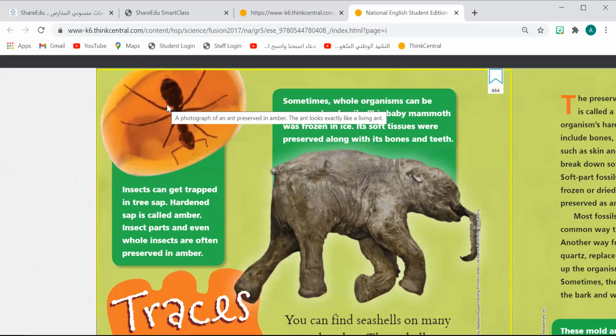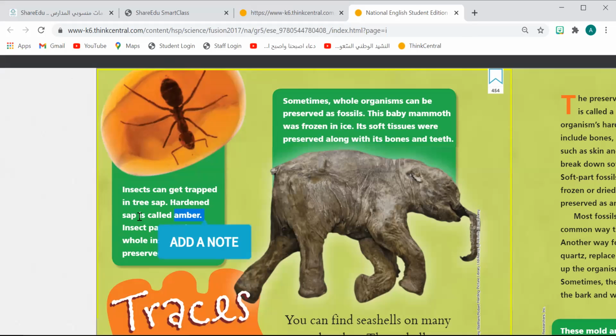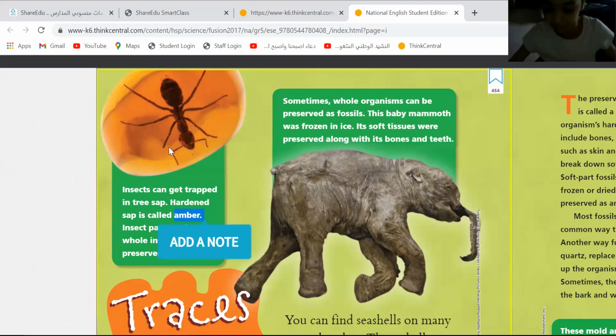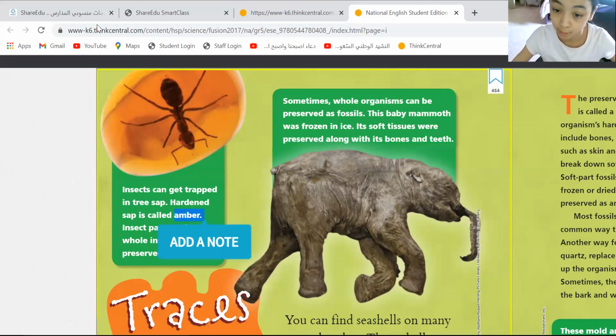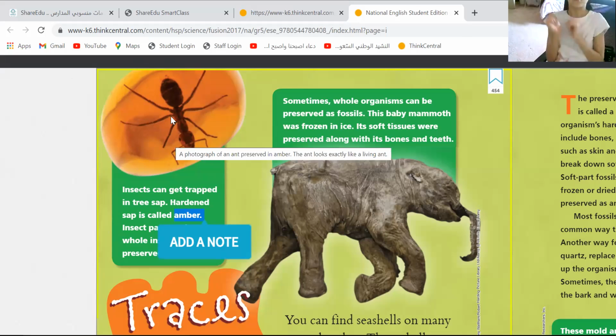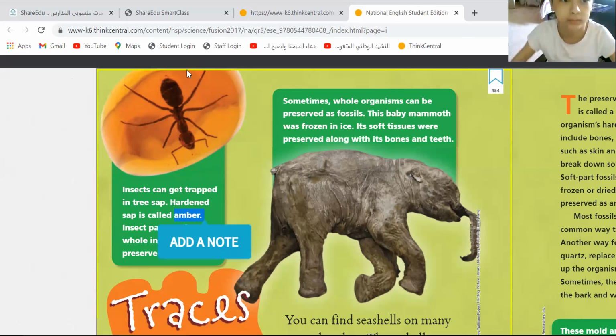When it hardens, we call it amber. When it was trapped in the sap and then hardens, we call it amber.